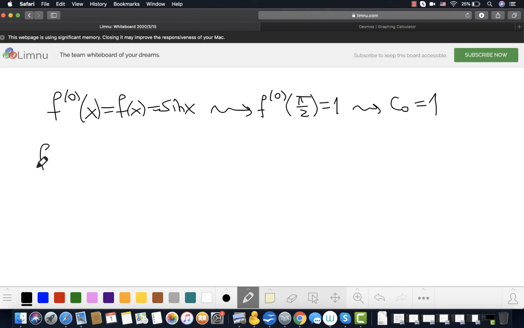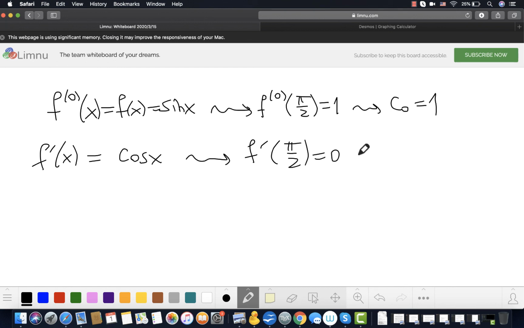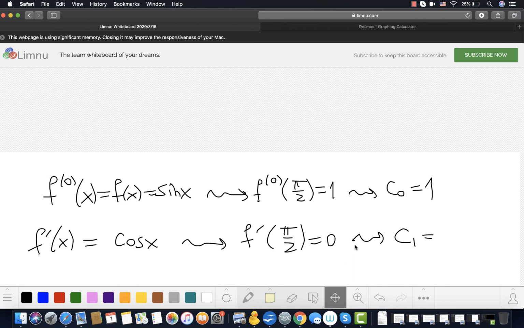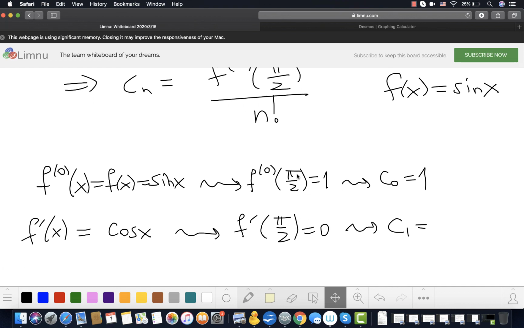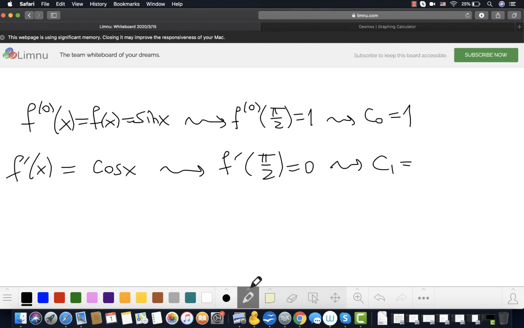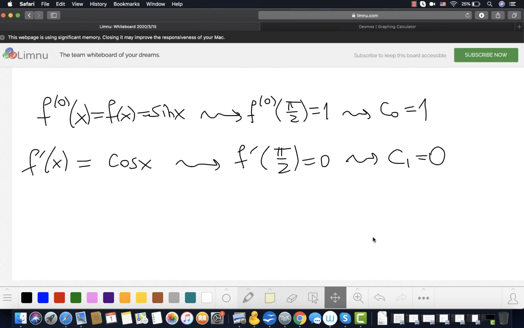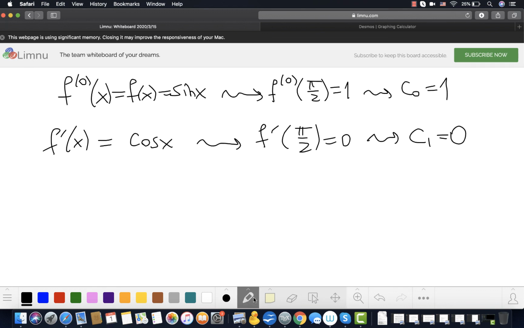Okay, so the first derivative of the function is cosine. And the first derivative evaluated at pi over 2 is 0, because cosine of pi over 2 is 0, which means c sub 1, by definition, is 0 divided by 1 factorial. So it's just 0. And let's just do the others.